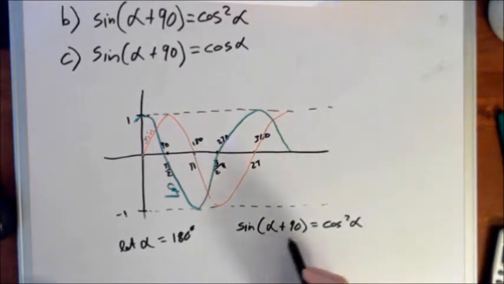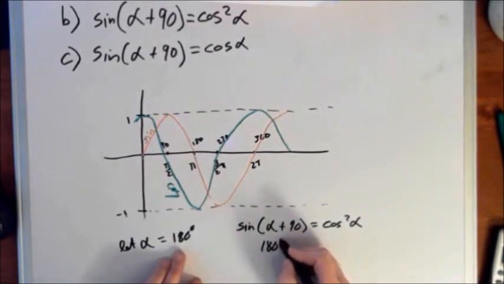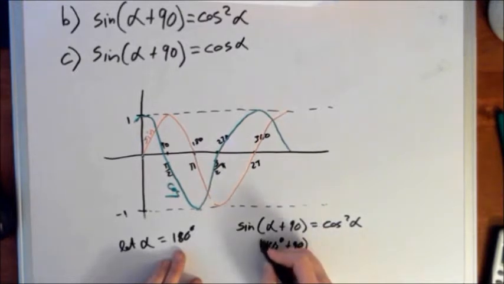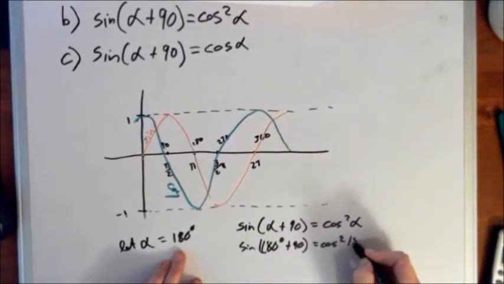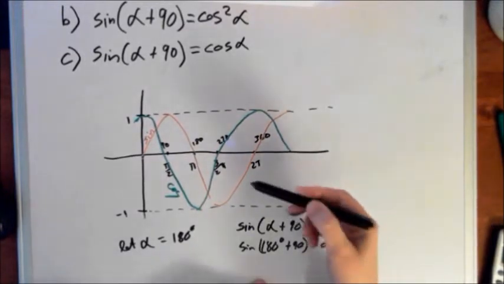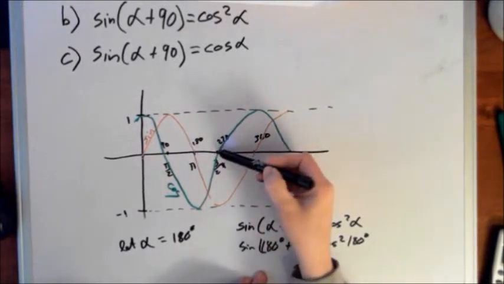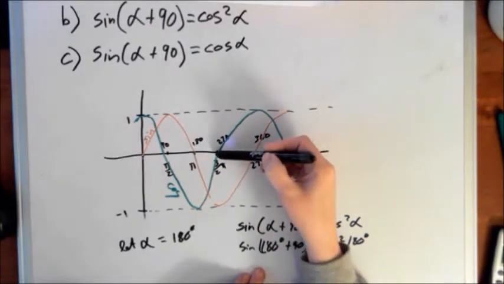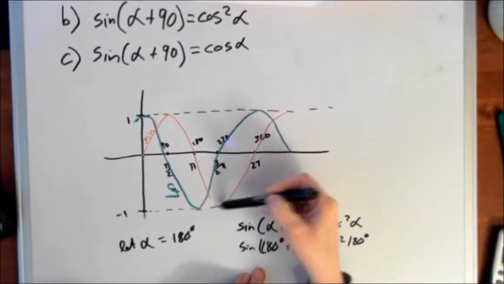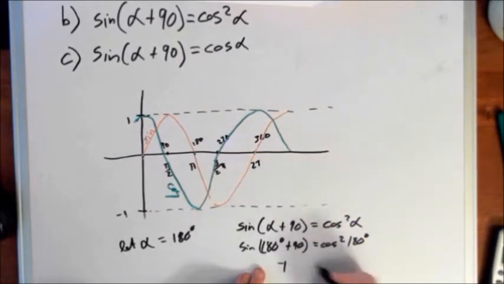Well, I get 180 degrees plus 90 is equal to cosine squared of 180 degrees. Let's evaluate this. 180 degrees plus 90 is equal to 270 degrees. We're just going forward one block there. So what is sine equal to? Well, sine is equal to -1.